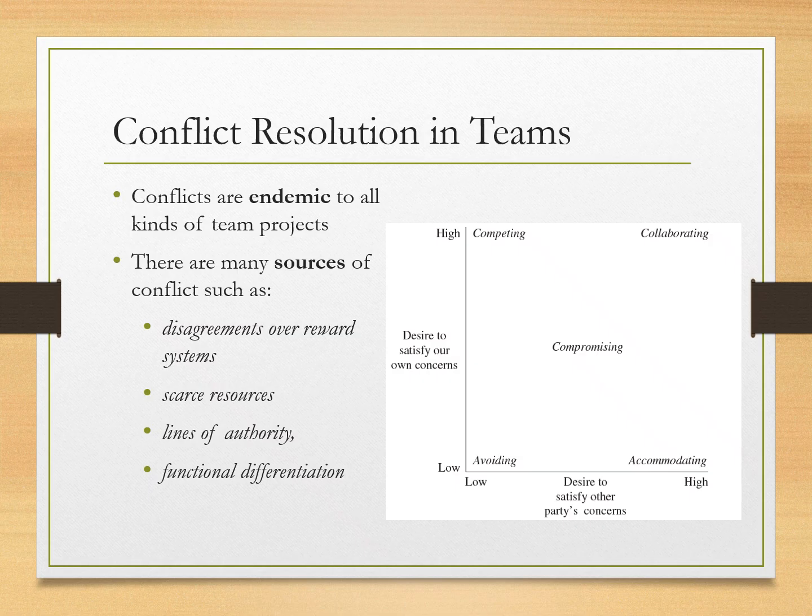Conflicts are endemic to team projects, meaning they are naturally occurring and inevitable. The question is not whether we will have conflict, but how we will handle it. Common sources of conflict include disagreements over rewards, scarce resources, lines of authority, and functional differentiation, when people from different roles see situations differently.